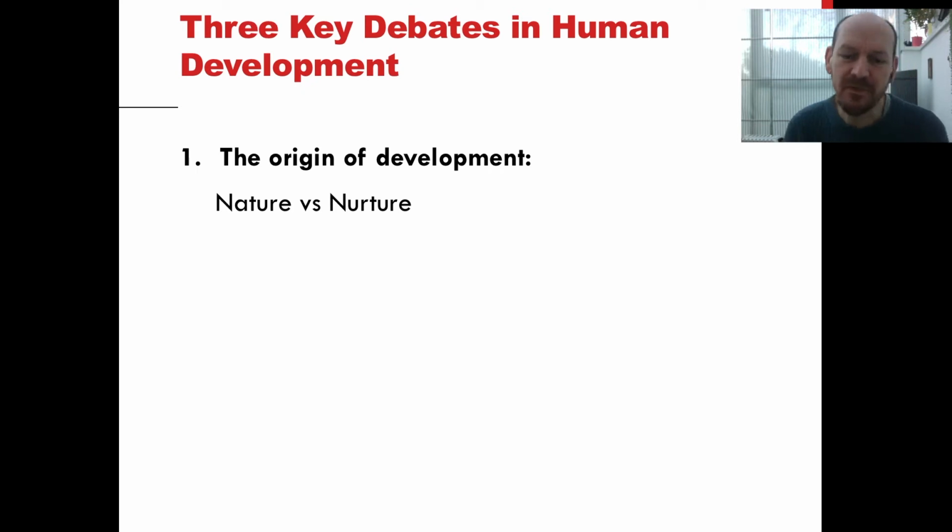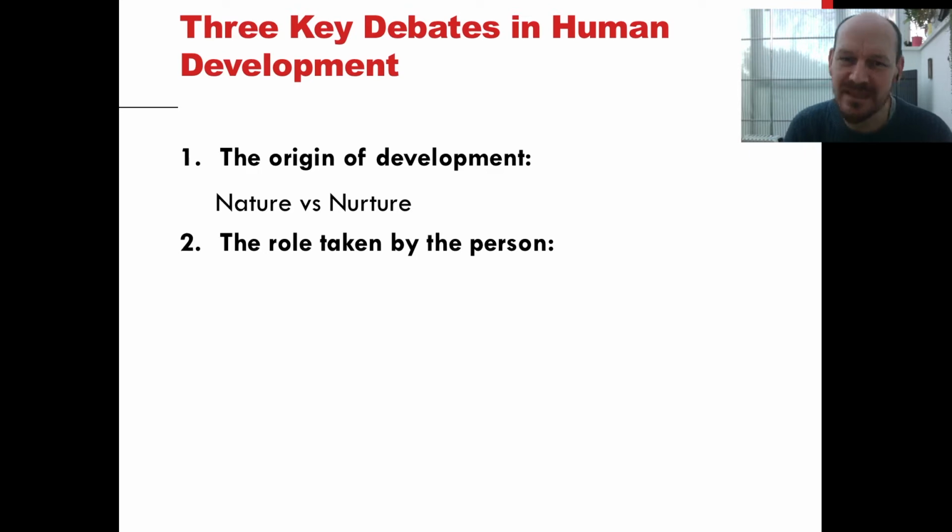So in order to understand the theories, I think that it's a good idea to think about 3 key debates in human development. The first one is the way that development starts. And this debate is normally known as nature versus nurture, so basically the innate versus non-innate debate. The second one is the role taken by the person.